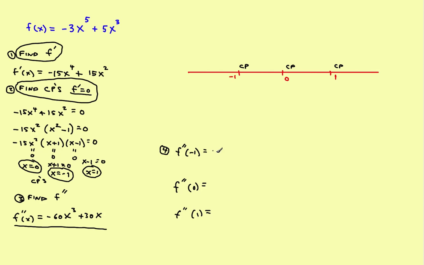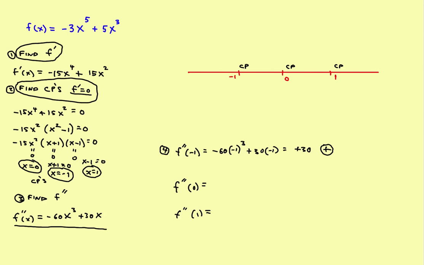So in this first one, it'll be negative 60, and I'll plug in a negative 1 plus 30 times a negative 1. And when you do that, this will turn out to actually be a positive 30. But again, all I'm interested in here is positive.